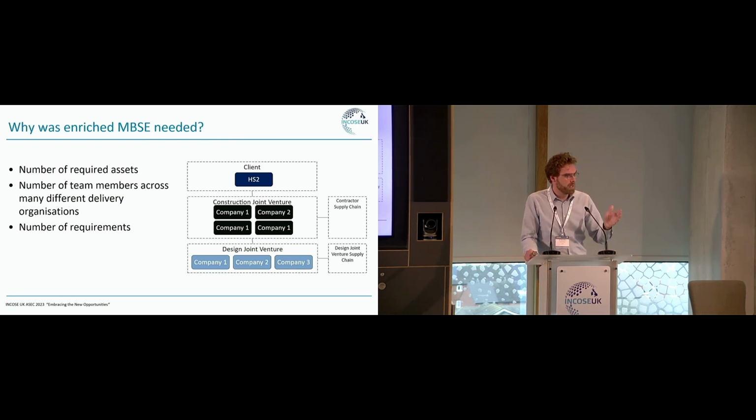So how do we make sure that if HS2 receives our design for a viaduct, our technical assurance for a viaduct, our verification results for a viaduct, that are probably designed across multiple organizations in a joint venture, they get exactly the same quality and the same information? We want to make sure that we hit the quality for those required assets, no matter who in the supply chain, who in the whole delivery organization, is actually working on that piece of our project.